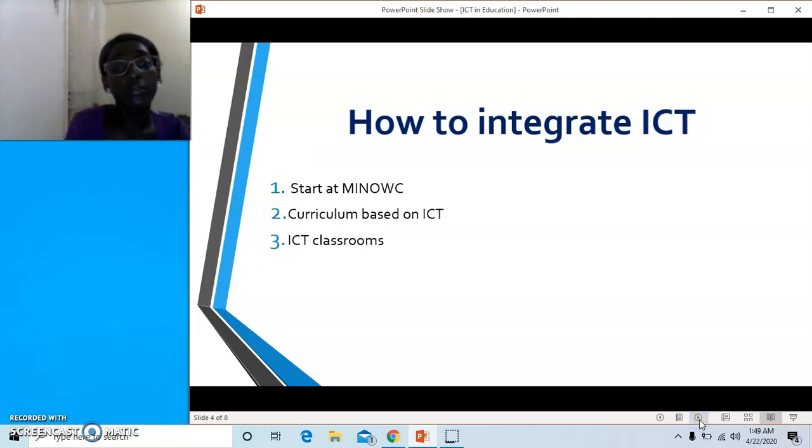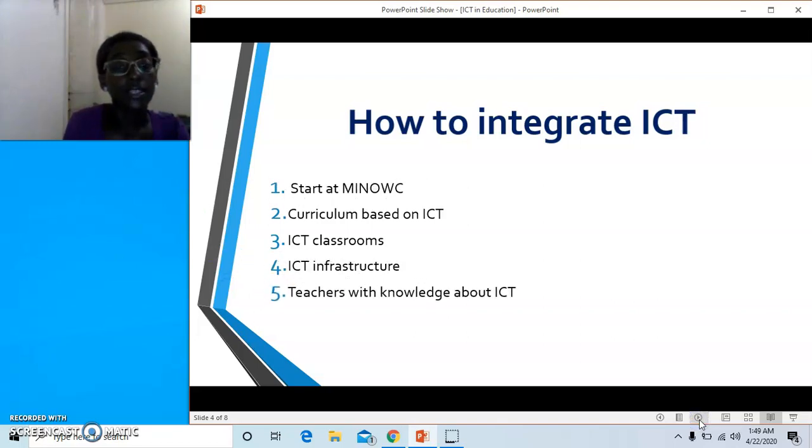We have to have ICT classrooms. Most of the schools in Suriname don't have ICT classrooms, and if we want to integrate ICT, then we need that. We have to have ICT infrastructure because without infrastructure, you can't integrate ICT.